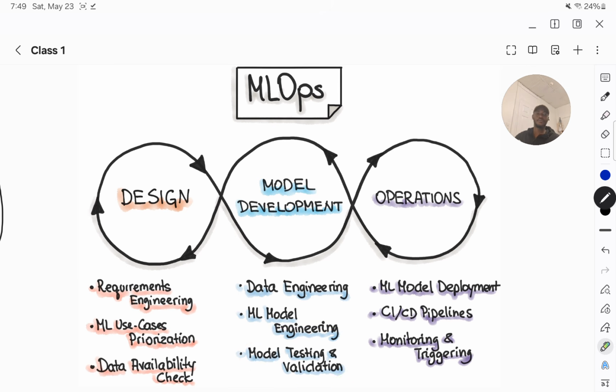For the operations, we also have the ML model deployment. When we deploy the model, we have a continuous integration and continuous development CI/CD pipeline that ensures that the model is adaptable to the current situation, or against model drift.